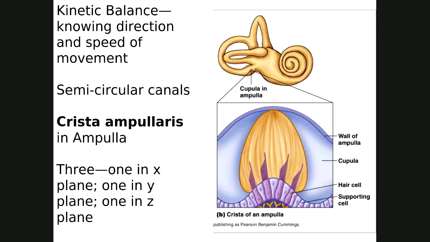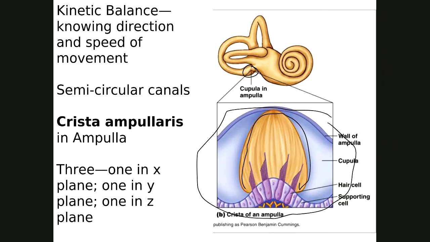So if we look at it, there's our ampulla. There's the ampulla. There's the cupula, right? The little hat that's floating. And there's our hair cells right there. And so if this fluid moves, that's going to move this way, and they're going to get bent.